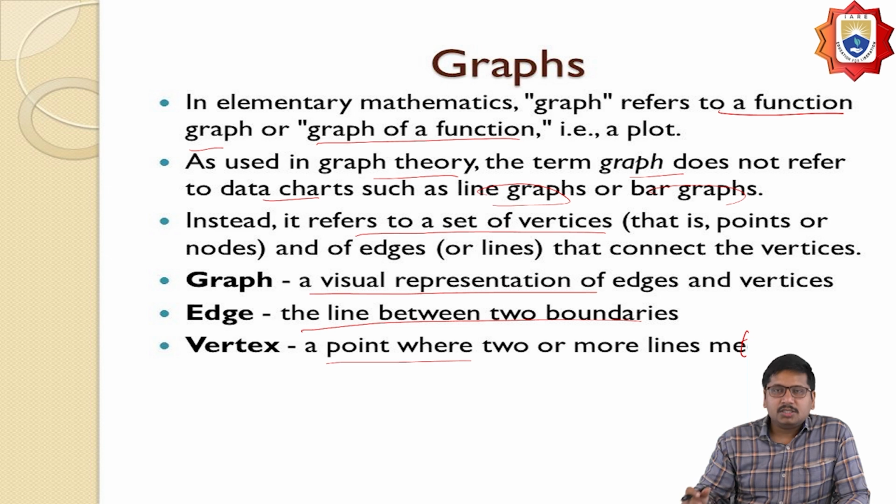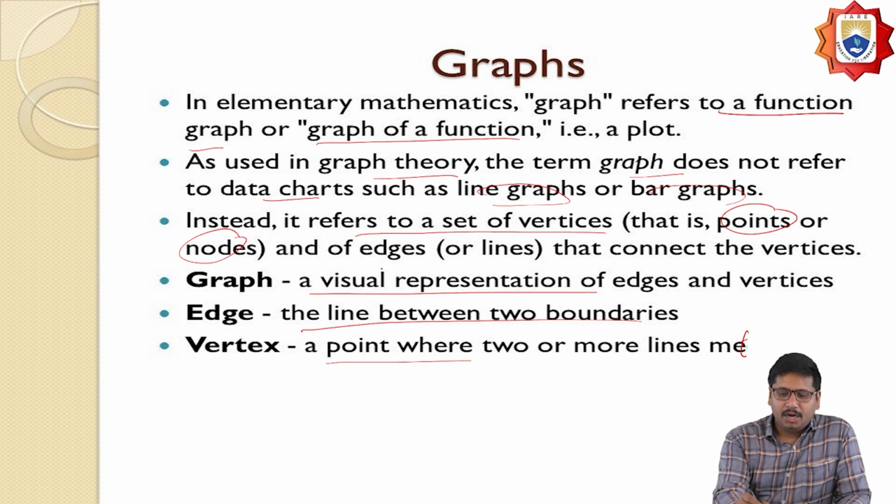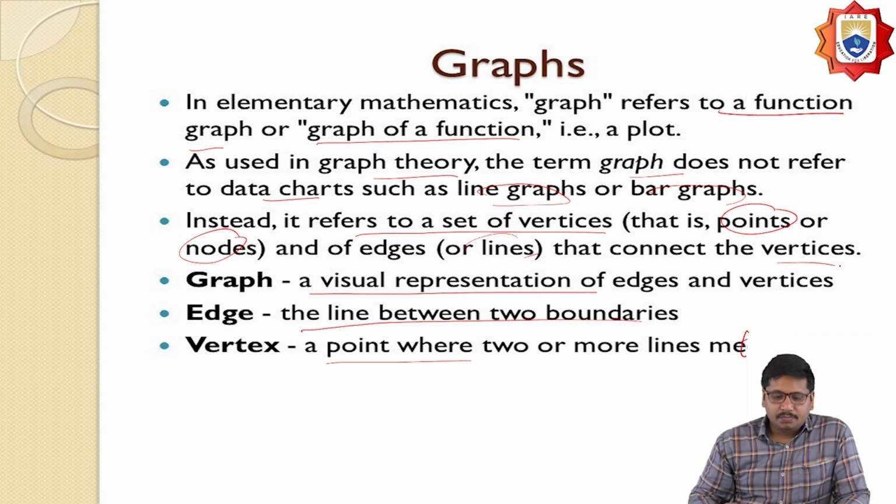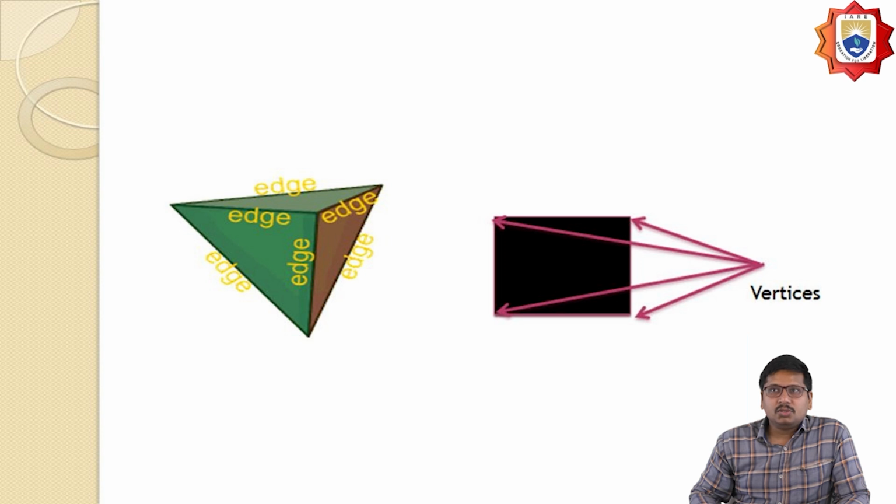Instead, it refers to a set of vertices, the points and nodes, and edges, the lines that connect the vertices. The graph is a visual representation of edges and vertices, where an edge is a line between the boundaries and a vertex is a point where two lines meet. This is the representation of the graph.